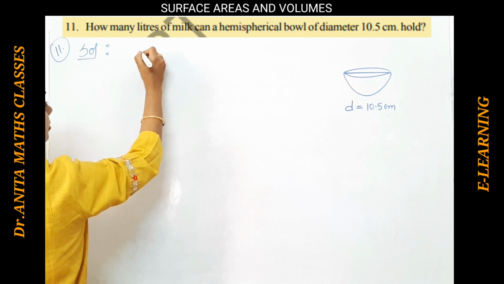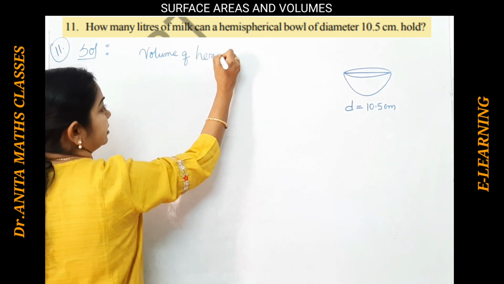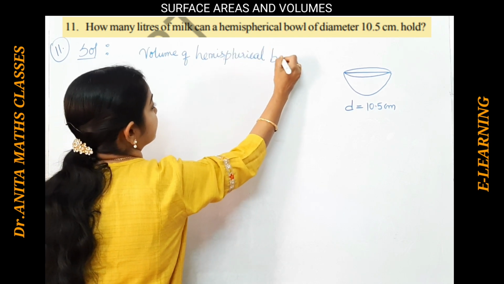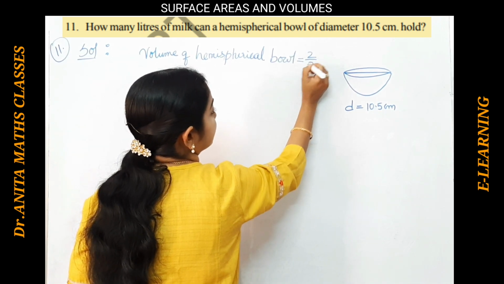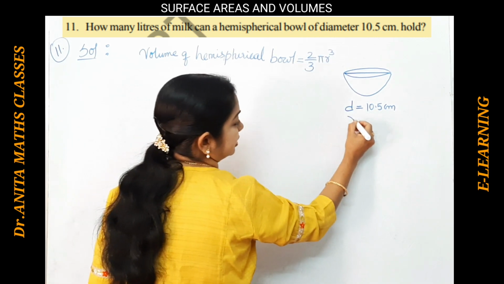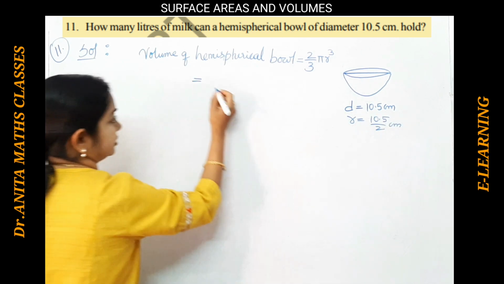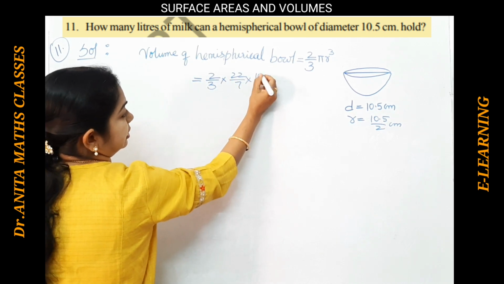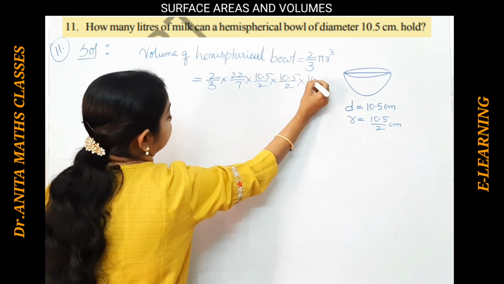So the volume of the hemispherical bowl. Okay, the volume of a hemisphere is 2/3 pi r cube, right? So from here we can write that the radius is 10.5 upon 2, half the diameter. So 2 by 3 into 22 by 7 into 10.5 by 2, three times, r cube, isn't it?